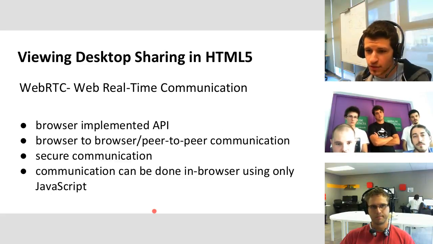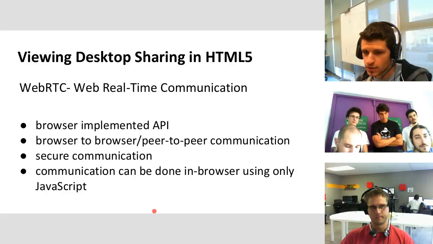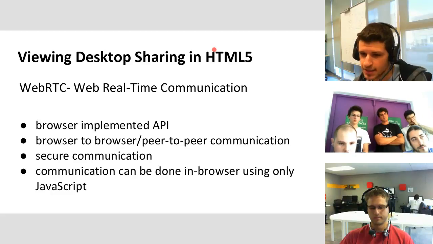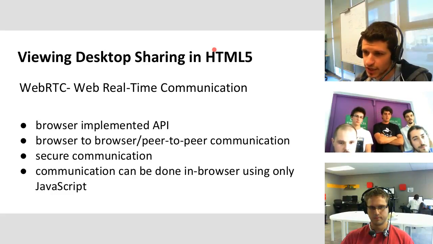I'm Daniel Pro, and I'll be talking about viewing the desktop sharing in the HTML5 client. The technology we use to make this possible is WebRTC, which stands for Web Real-Time Communication. WebRTC is a browser-implemented API, in browsers like Firefox and Google Chrome. It is a browser-to-browser, peer-to-peer communication channel.